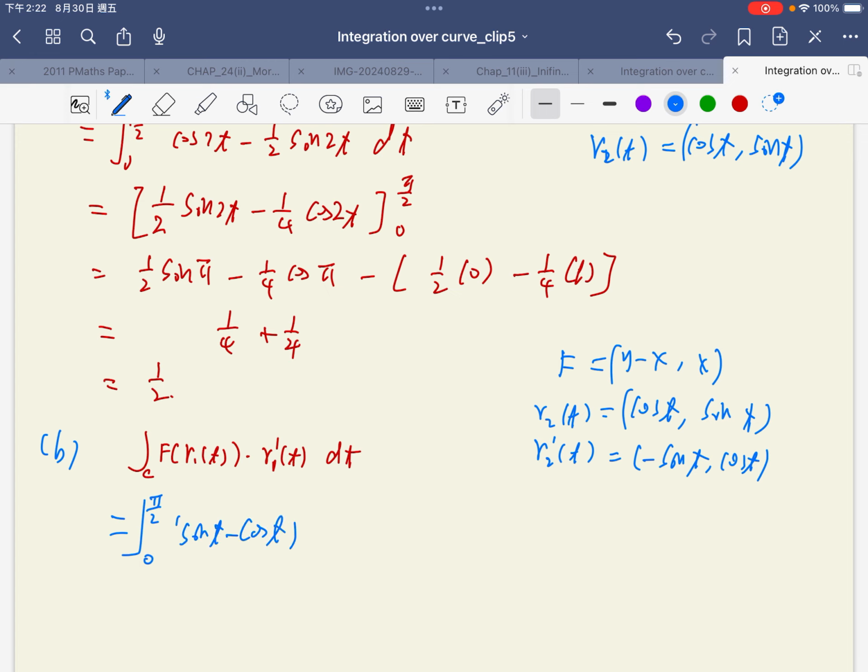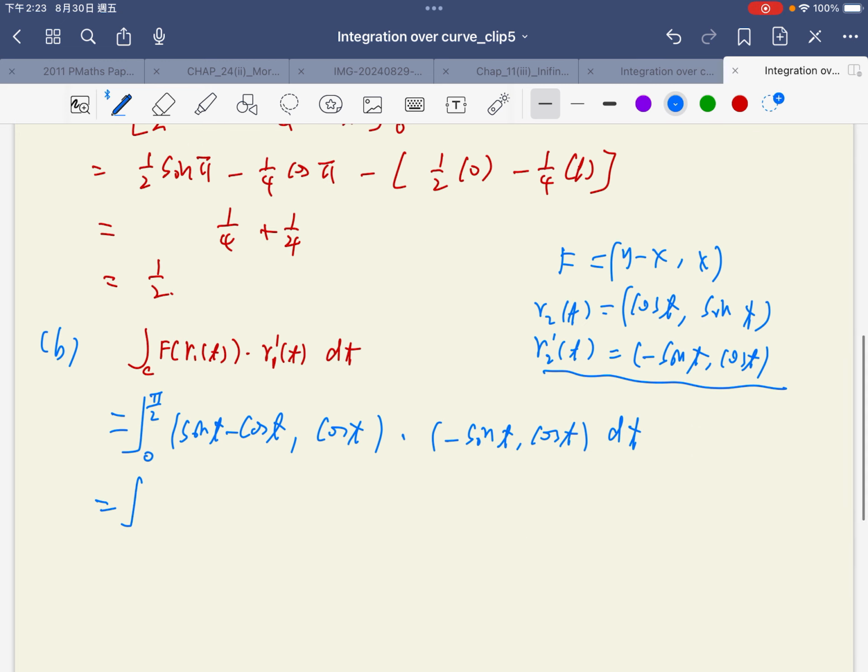Here the function should be (sine t minus cosine t, cosine t). This is putting the curve into the function and taking the dot product with the derivative of the path.